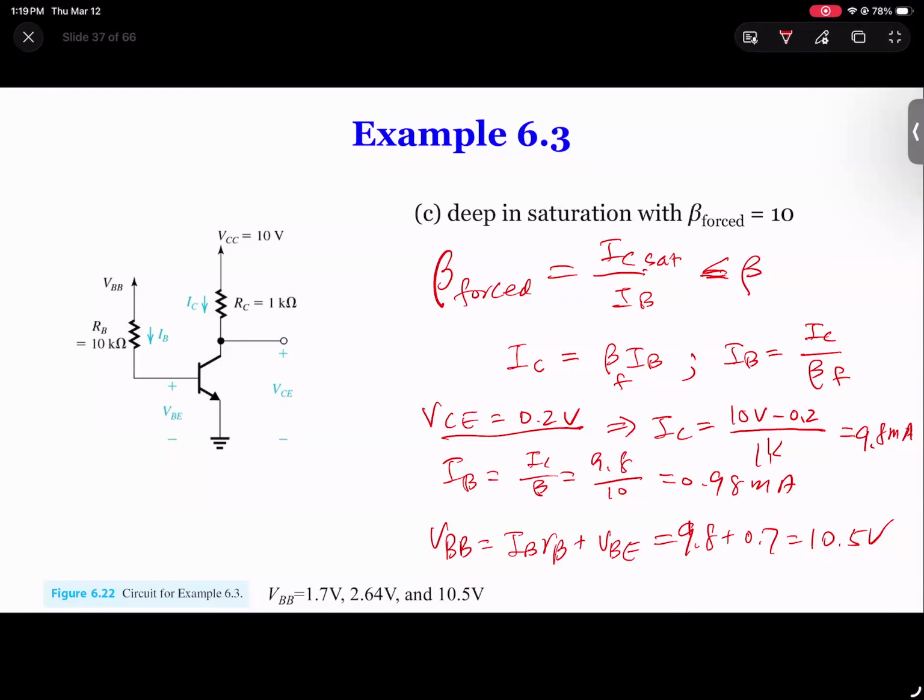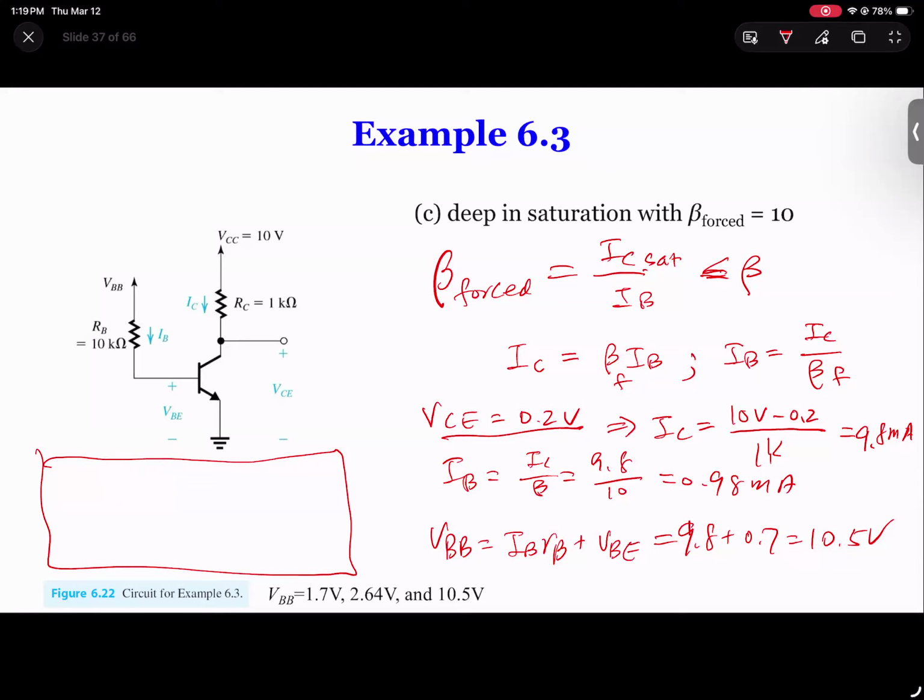So we can do a little bit of summary over the three conditions that we just calculated. For the same BJT, we're able to run it at the edge of saturation, in active mode, and in saturation, and we can run the BJT into deep saturation. While we transition between the different modes, we kept VCC the same.